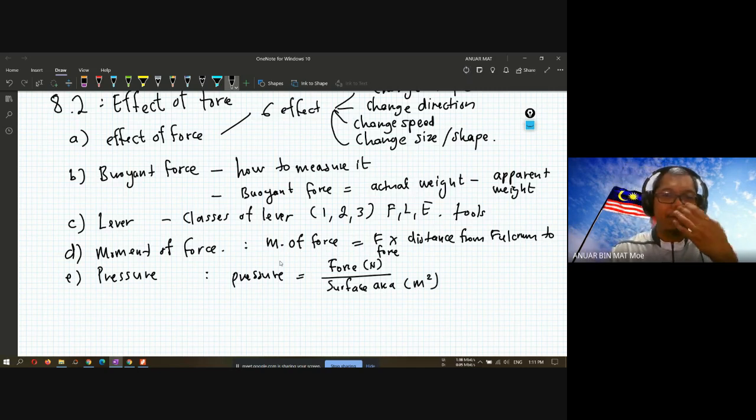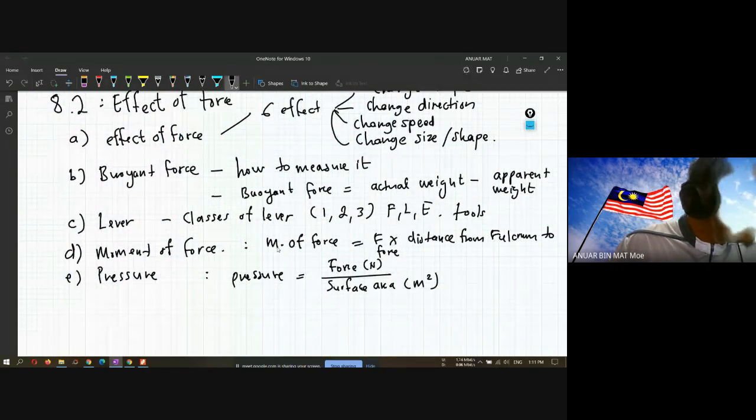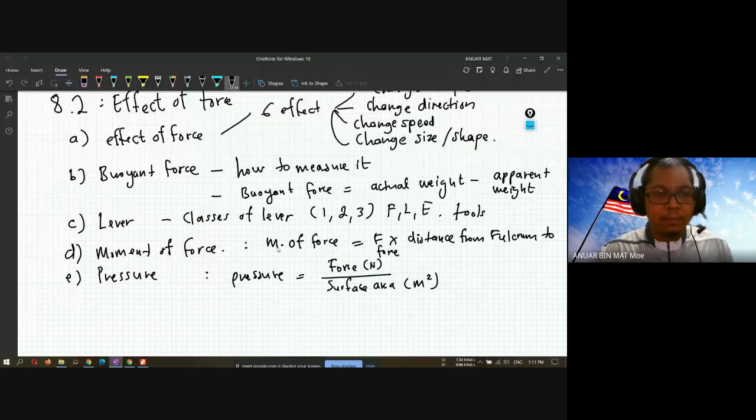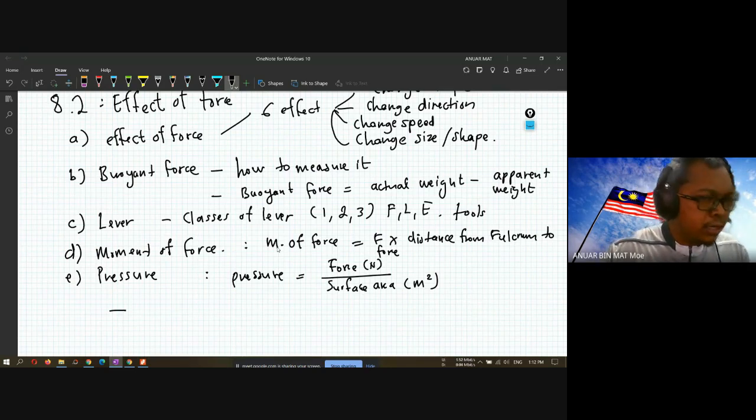Okay. Wow, so many, right? 8.2, we have so many topics. Okay, so we are still in pressure. So in pressure, you need to learn the introduction of the pressure, how to find the value of the pressure.